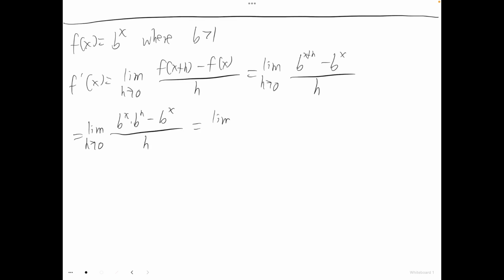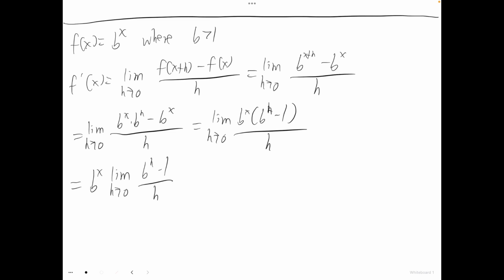So we have the limit as h goes to 0 of b to the x times b to the h minus 1, divided by h. Now at this point, b to the x is independent of the limit. The limit's only as h goes to 0. So this equals b to the x times the limit as h goes to 0 of b to the h minus 1 over h.